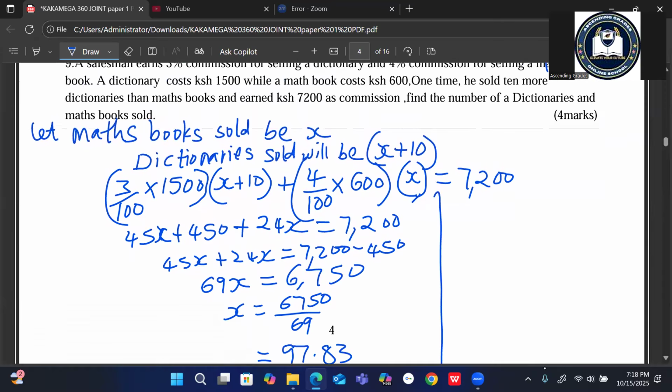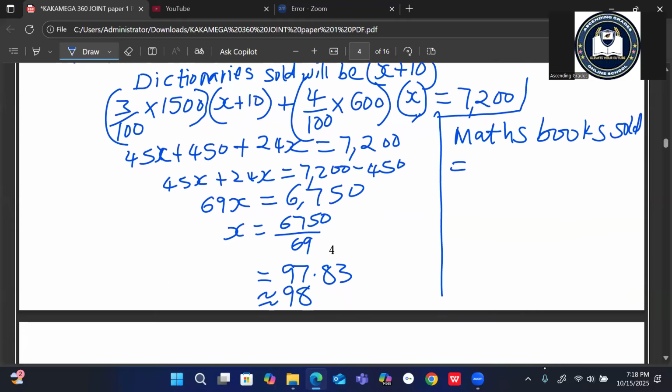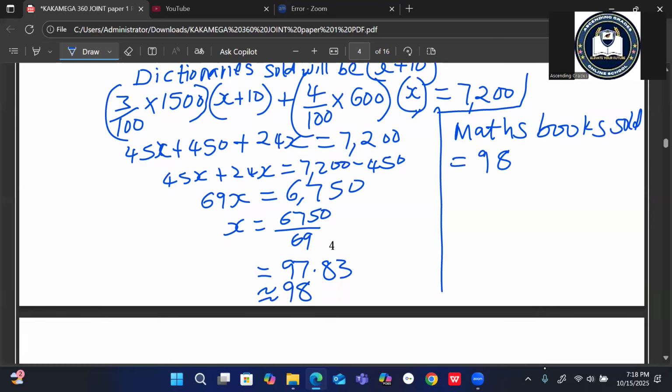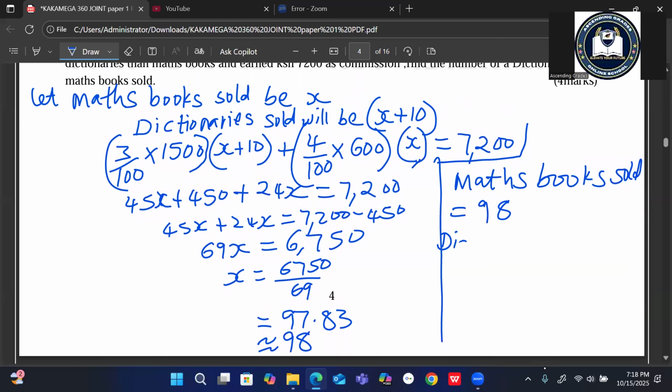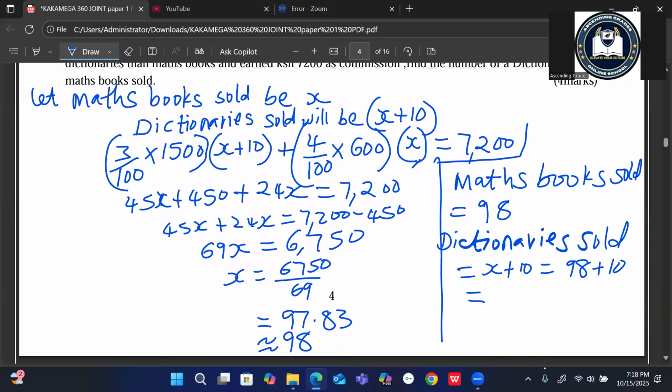This implies that the number of maths books sold was 98, and the number of dictionaries sold was X plus 10, which is equal to 98 plus 10, which will give you 108.